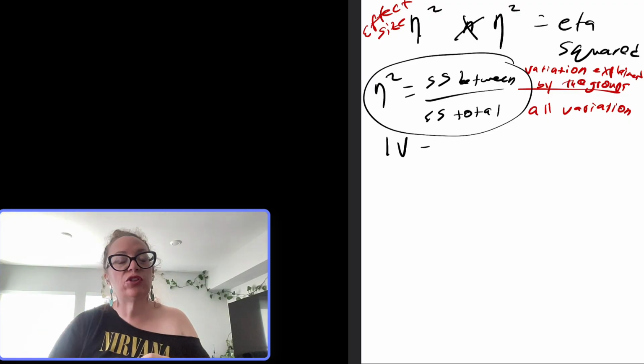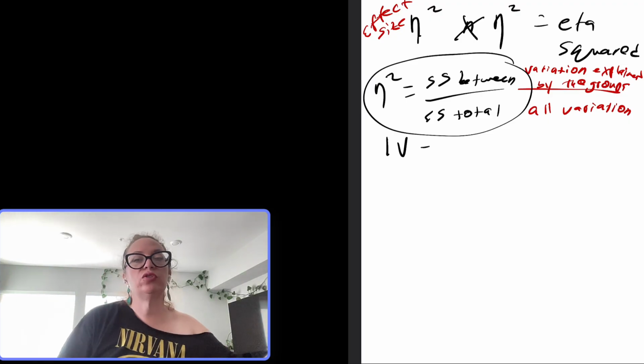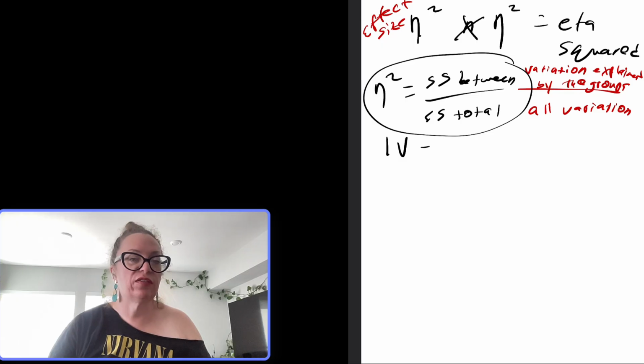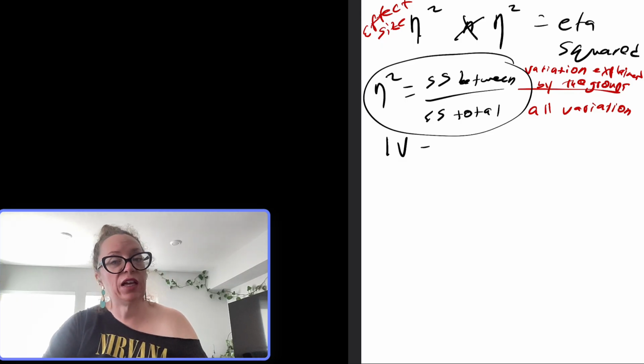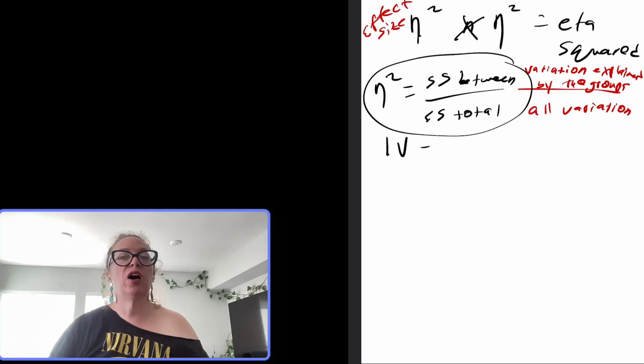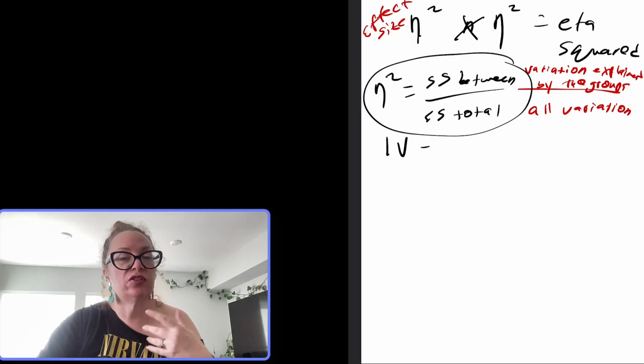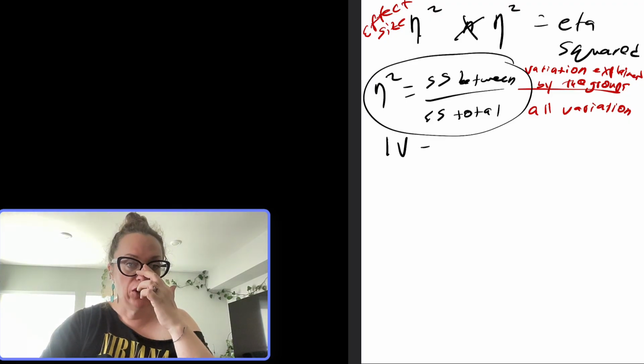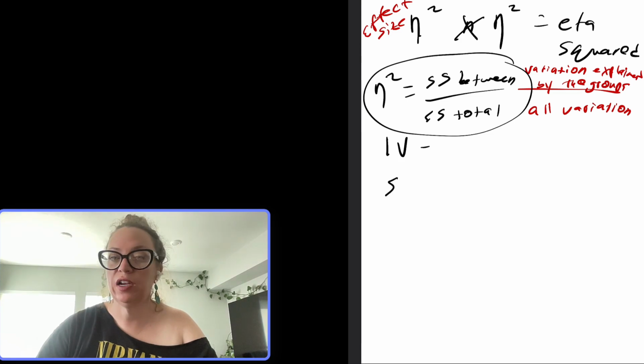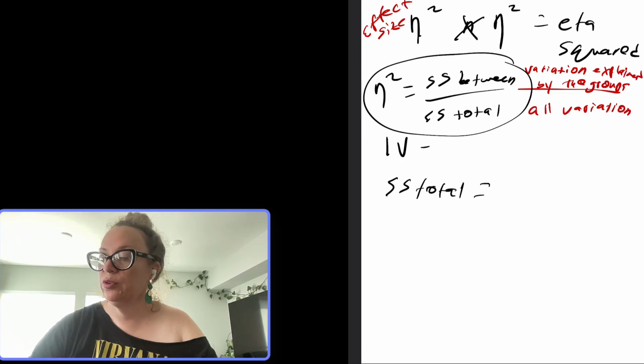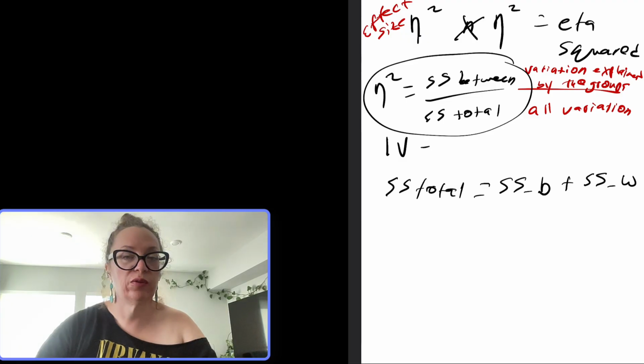Okay. Meanwhile, inside the group, people are still different. One student gets 72, another gets 65, another gets 77. Those differences are not explained by the teaching method because those students had the same method. So that leftover spread becomes the SS within, which is treated as unexplained random variation. Okay. So mathematically, we know that SS total equals the SS between plus the SS within, right?